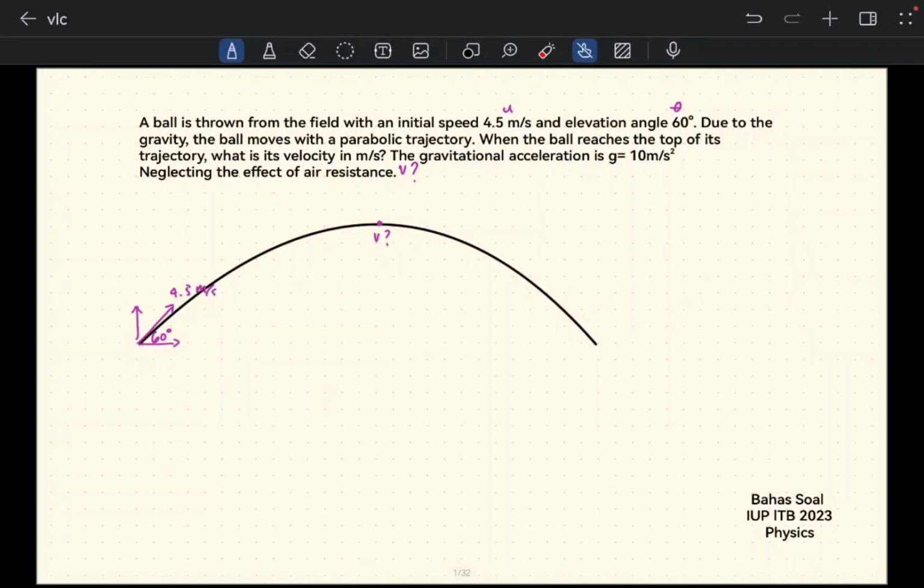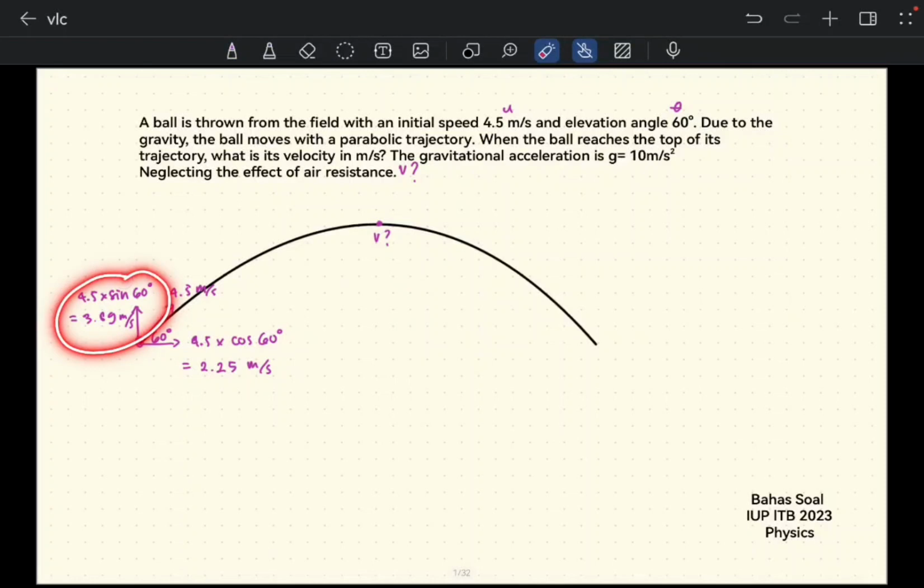We can determine the x component: 4.5 meters per second times cos of 60 degrees equals 2.25 meters per second, and the y component is 4.5 times sin 60 degrees equals 3.89 meters per second. And the ball keeps moving on the path until it reaches the highest position.